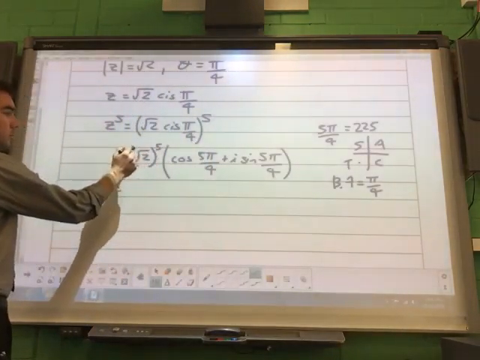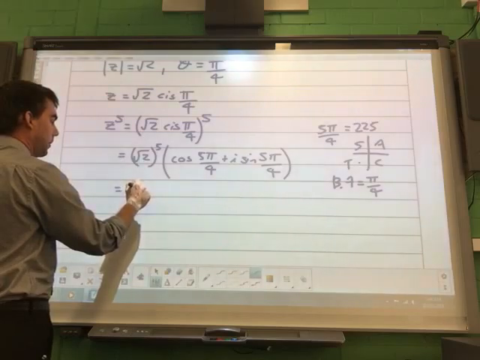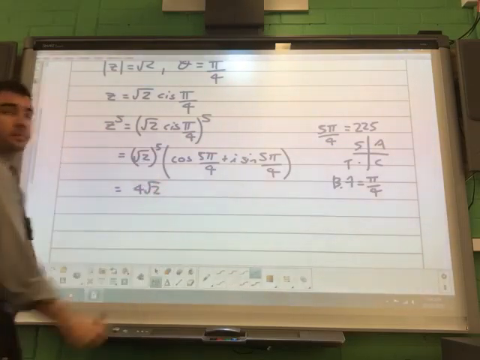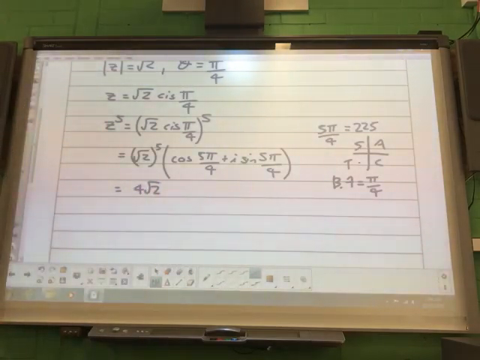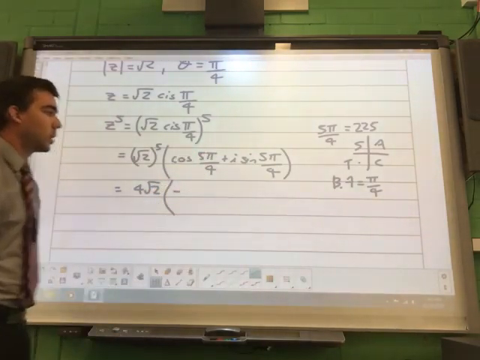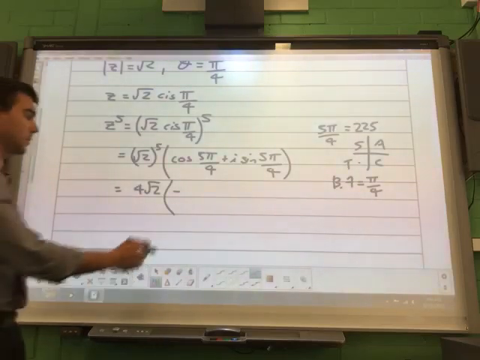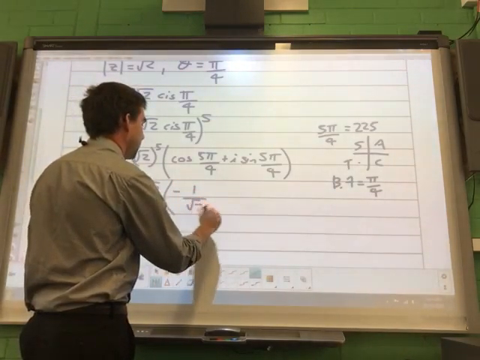Root 2 all to the power of 5 is going to be 4 root 2. We've already established cos and sine are both negative in the third quadrant. What is cos of pi on 4? Yep, so negative 1 on root 2.